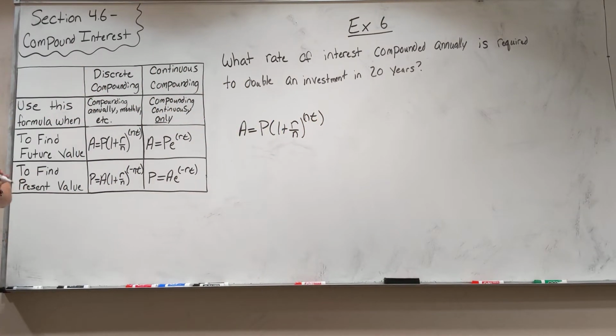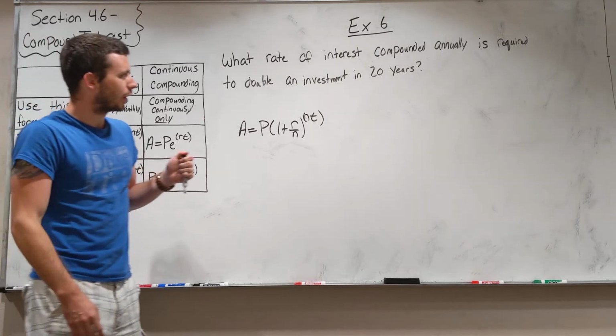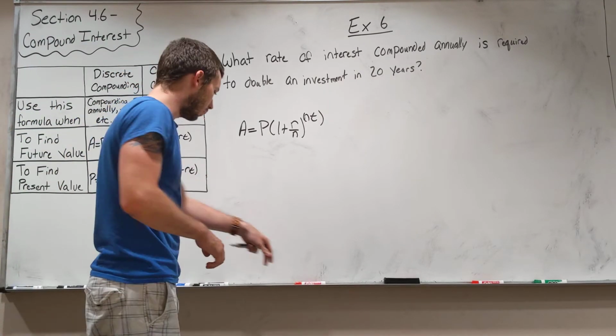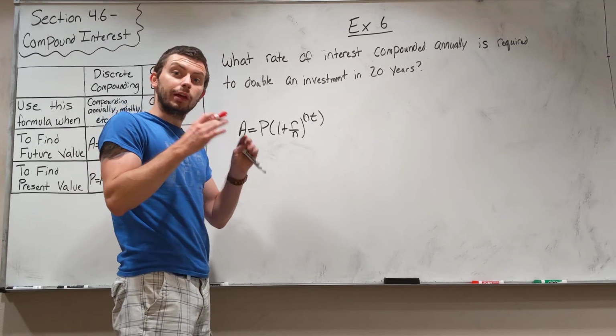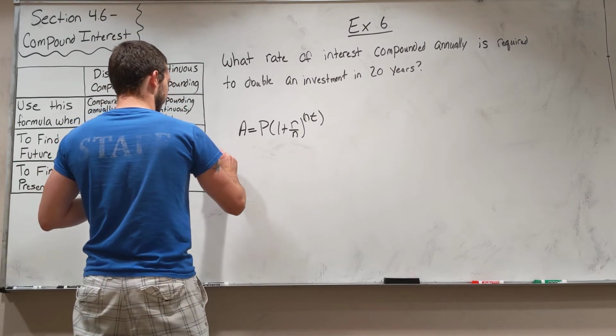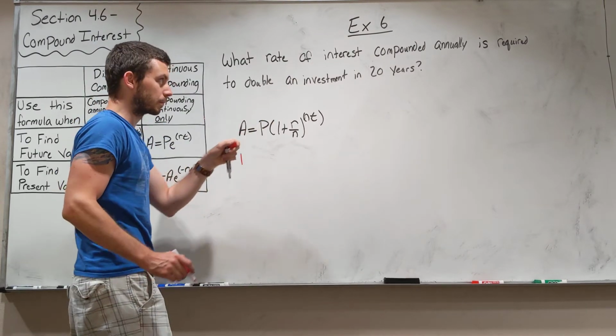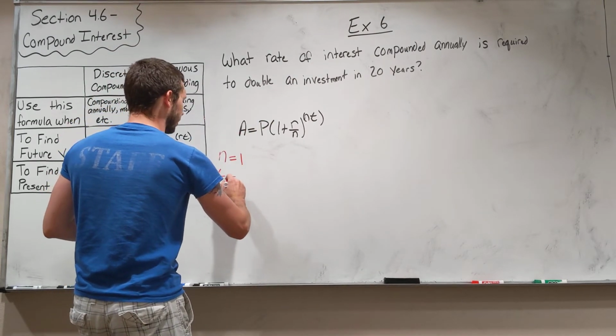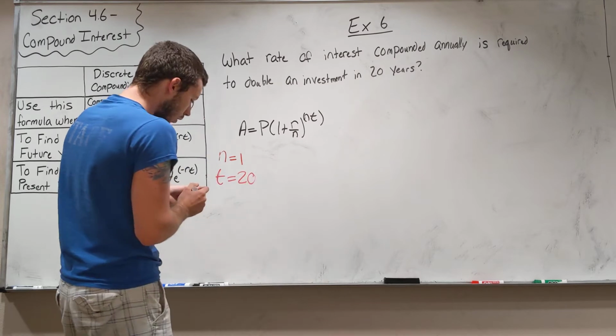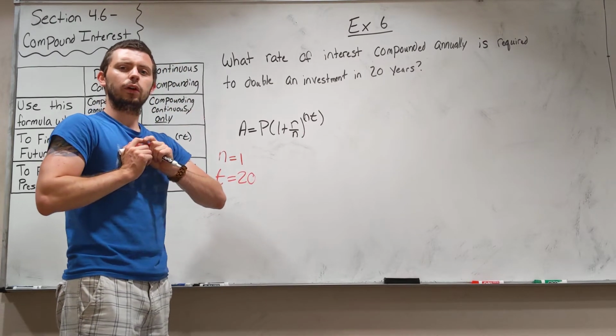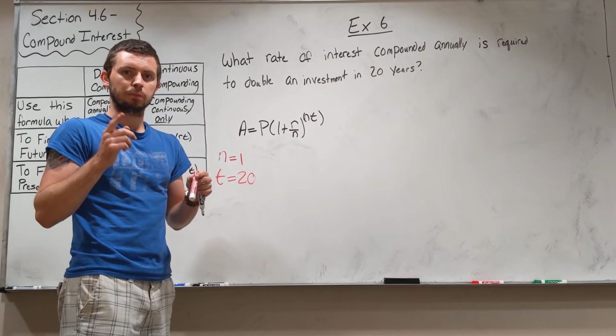So from here, we're not really given too much. The only things that I see explicitly is that n is equal to 1 because we're compounding annually, and that t is 20. They also give us information about A and P together.